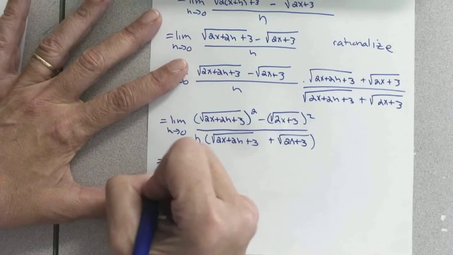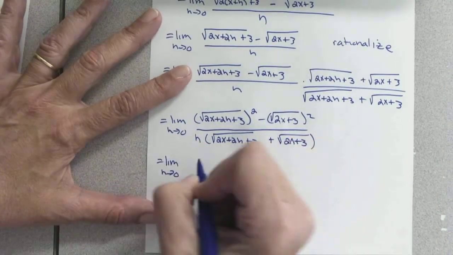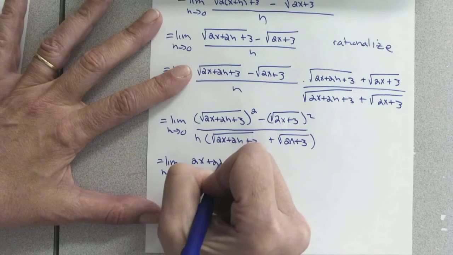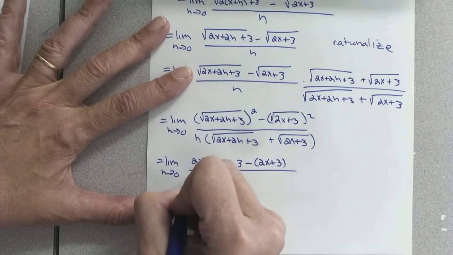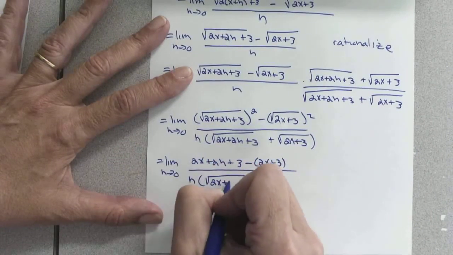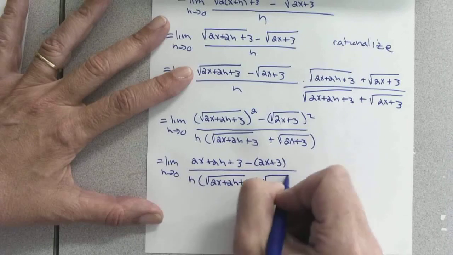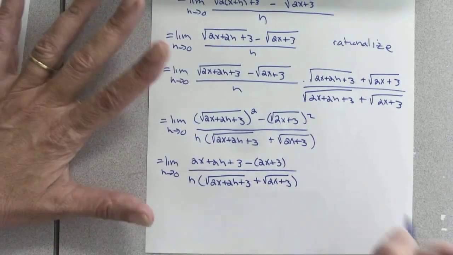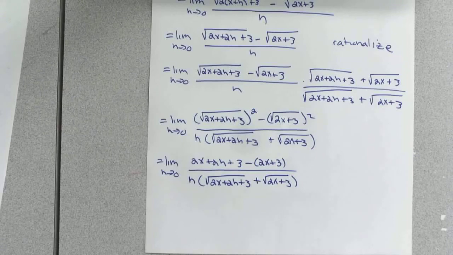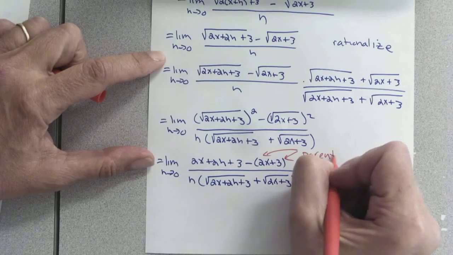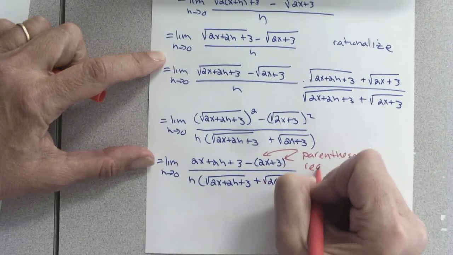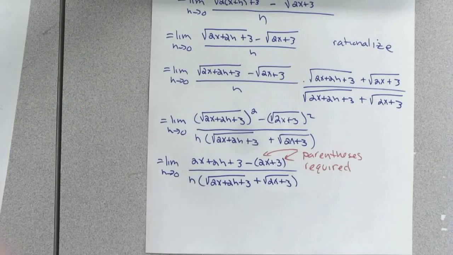Keep doing the algebra. So that's going to be 2x plus 2h plus 3 minus the quantity, 2x plus 3, all over that denominator. Notice the parentheses. Parentheses, required. One of the most common mistakes is people do not use their parentheses appropriately, and then things just don't work.